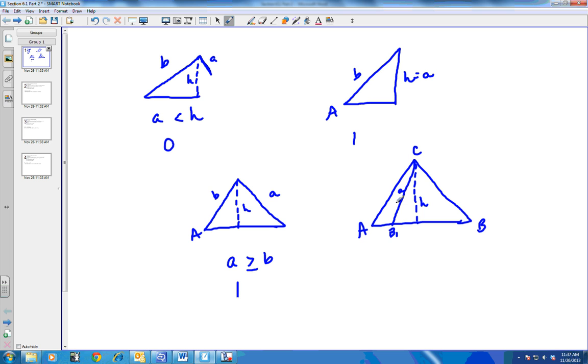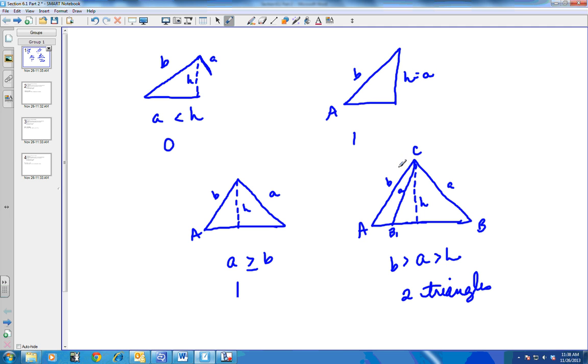This is side A, this is side B, here's my other A. If A is greater than H but less than B, I have two possible triangles. Here's one triangle, and here's my other triangle.